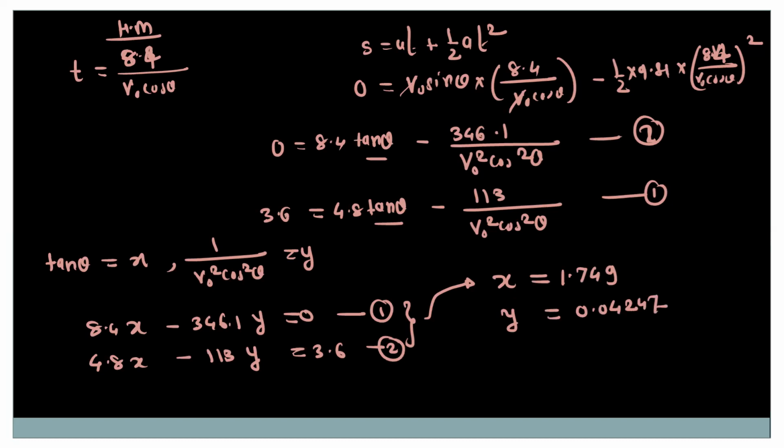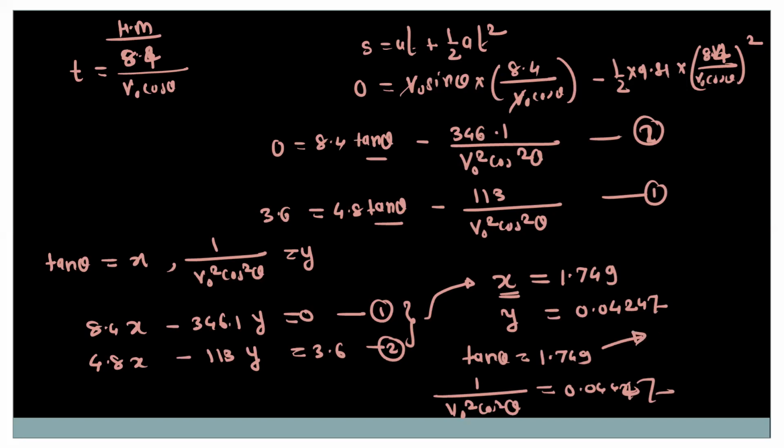Okay. So what is basically x? So x is equal to tan theta. So tan theta is equal to 1.749 and y is equal to 1 upon V naught square cos square theta, and that is equal to 0.04247. Okay. So from these two equations, try to get the value of theta and V naught.